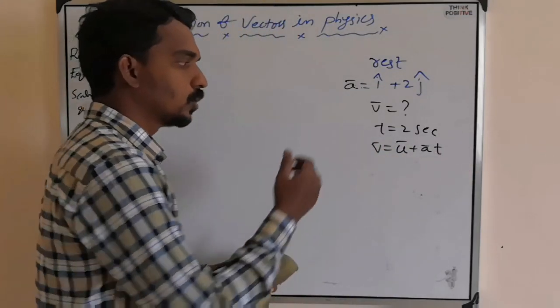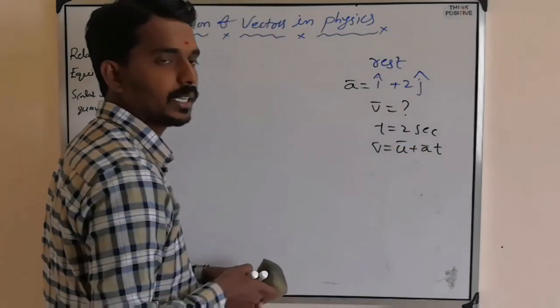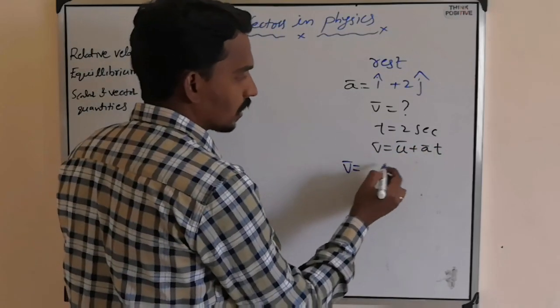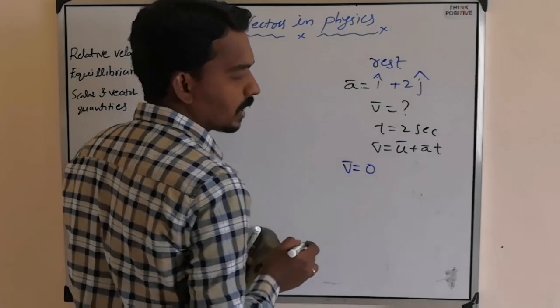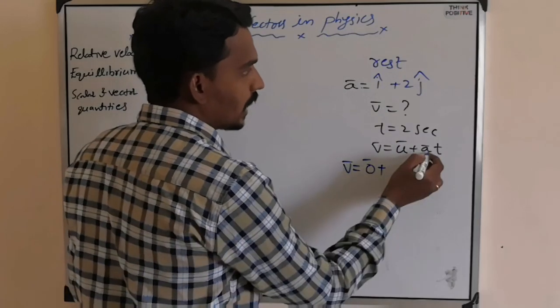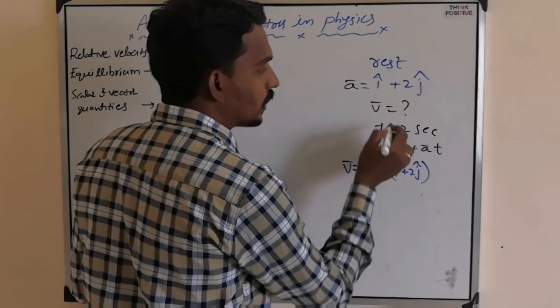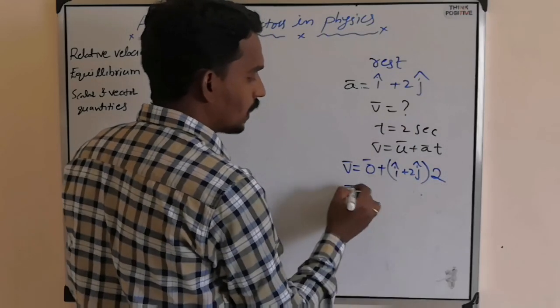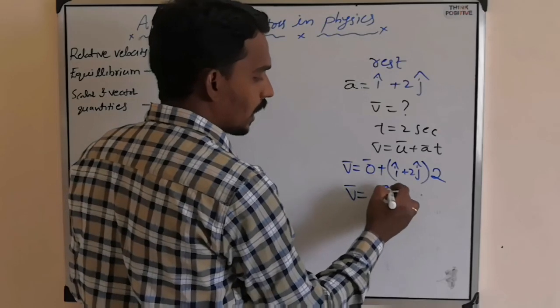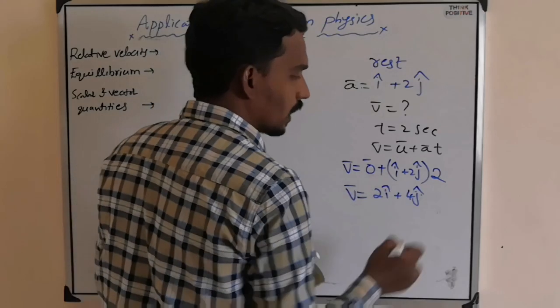v bar equal to u bar plus a bar into t. You need to find v bar. u bar is 0 because starting from rest, plus a bar, given i cap plus 2j cap, into t. t is 2. So v bar will become 2i cap plus 4j cap.